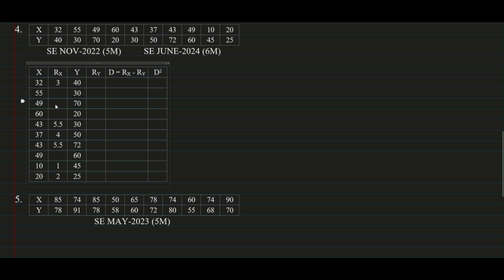After this, we observe that 49 is occurring twice for the ranks 7 and 8. So we calculate the average, which is 7.5, and assign both the 49s as 7.5.